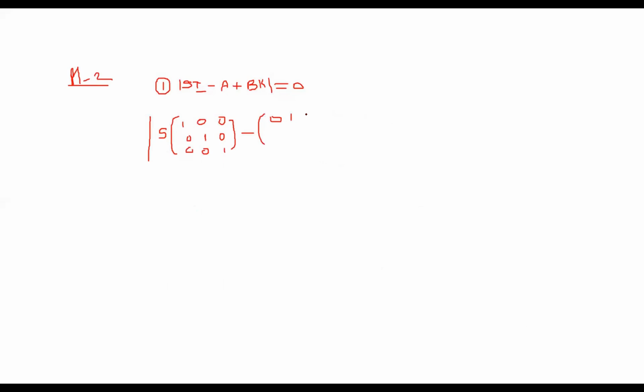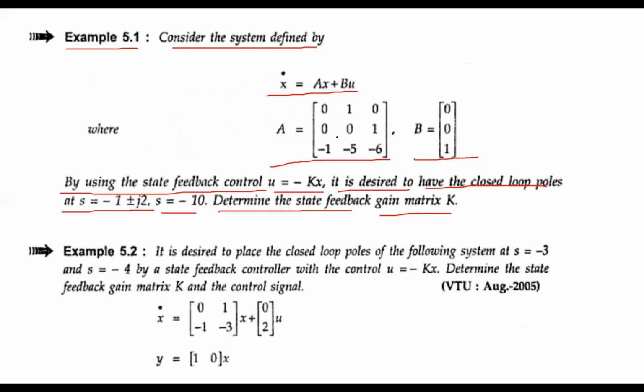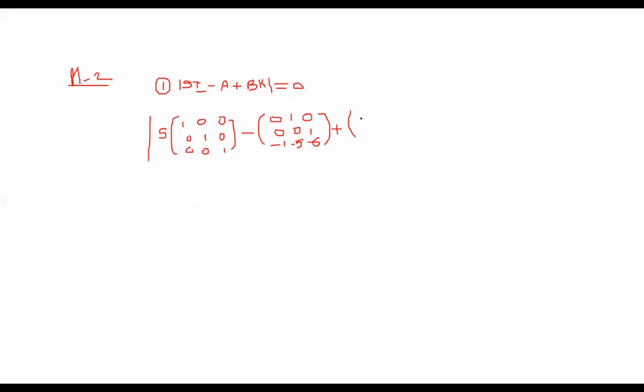This is the A matrix, plus the matrix B, which is 0, 0, 1, multiplied with the matrix K.